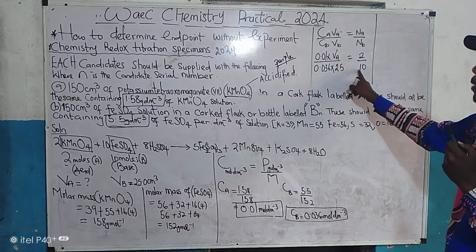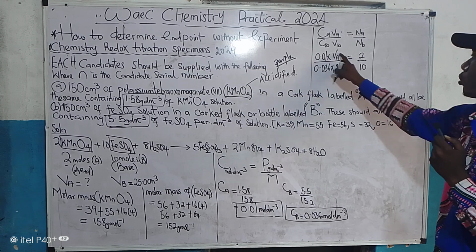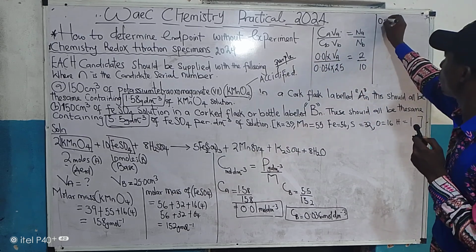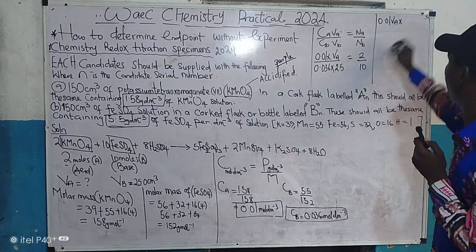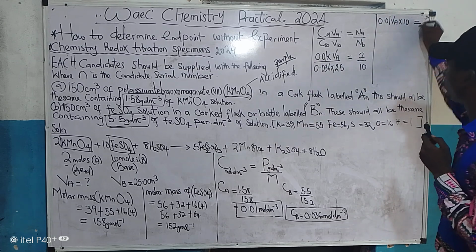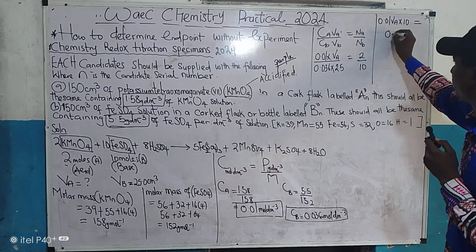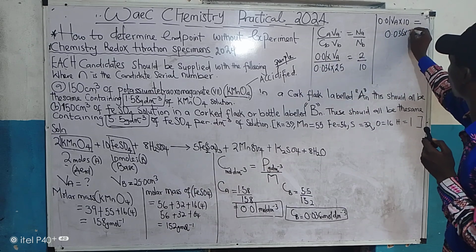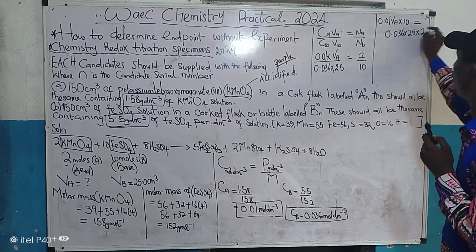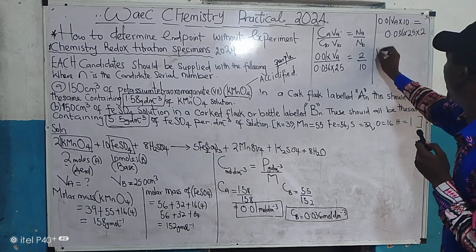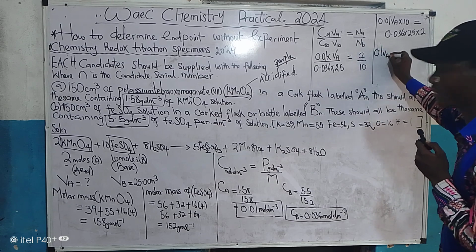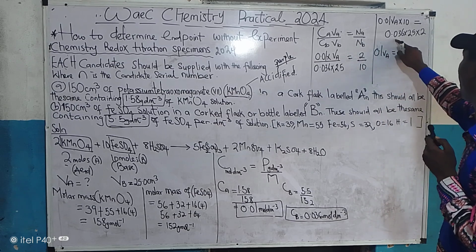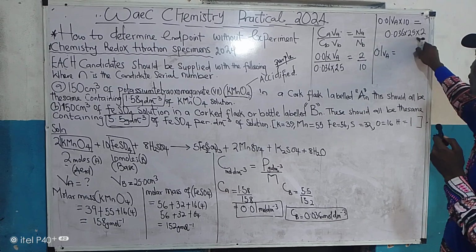Remember we have to cross multiply. If I cross multiply, I will have 0.01 VA times 10 equals 0.036 times 25 times 2. If I multiply these, I will have 0.1 VA equals, please multiply 0.036 times 25 times 2.